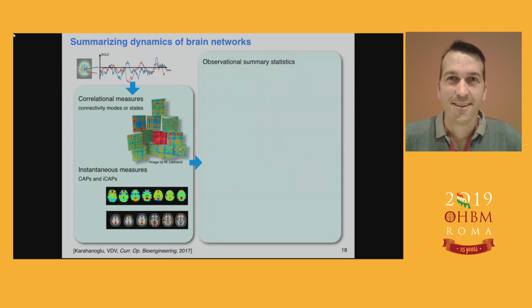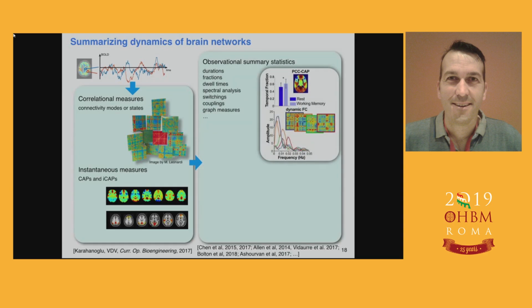Now, in a way, that's only the beginning, because now the real game is to interpret whatever you get out of this. And I would say, again, there are two families of techniques here. You can go into observational summary statistics, which could be durations, fractions, dwell times, spectral analysis, switchings, couplings, graph measures, and many more interesting things you can compute out of these dynamic features.